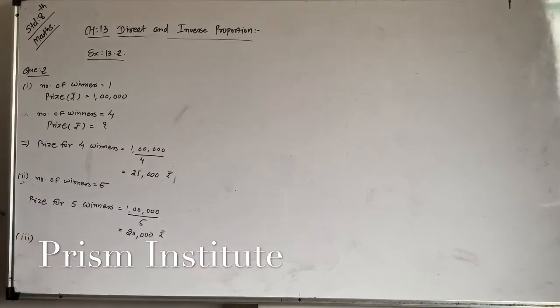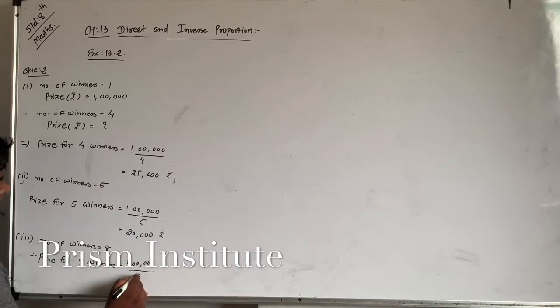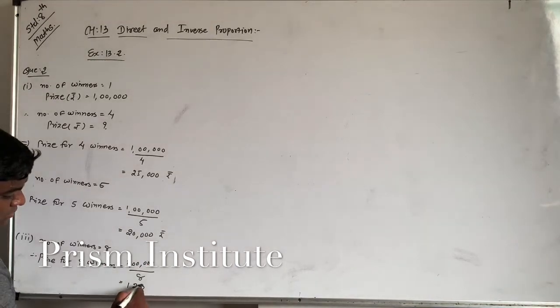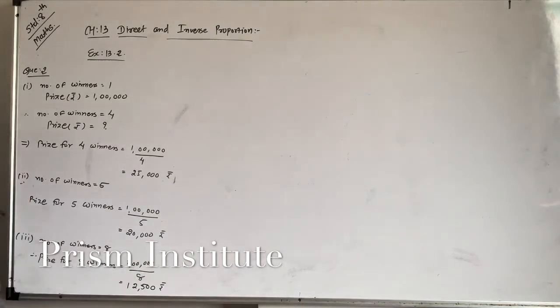Now in the third case, 8 winners, therefore prize for 8 winners equals 1 lakh divided by 8. Okay, 1 lakh divided by 8, that is 12,500 rupees. Is it okay?